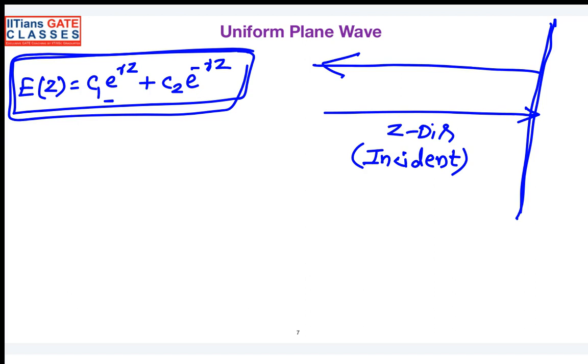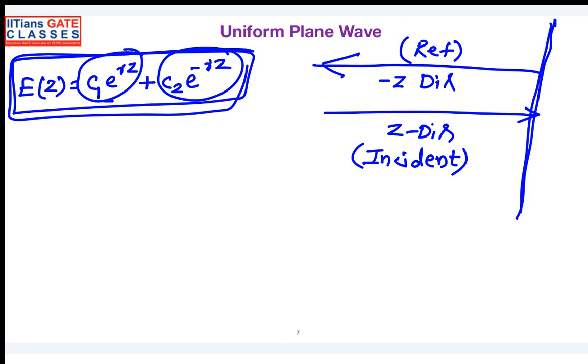The wave propagates in which direction then? Negative Z. Now can you tell me what is the meaning of this one? First term and second term? One is for incident and another is for reflected. Very good, very good. That's what it says.